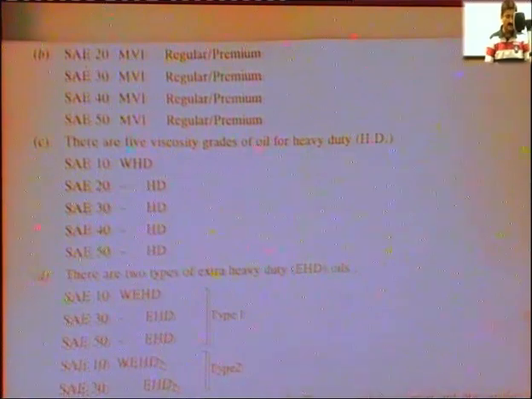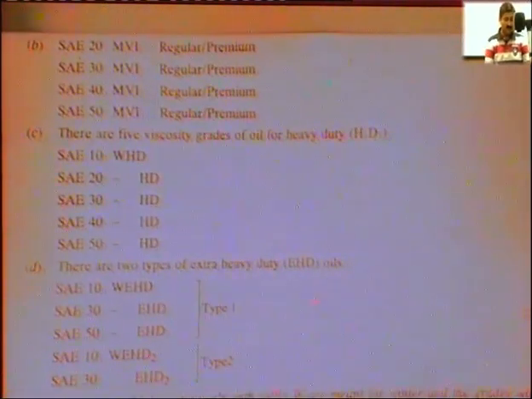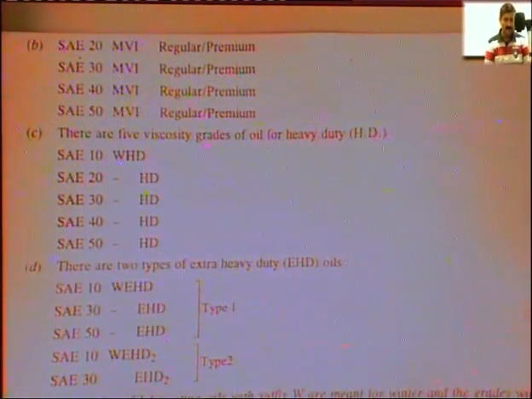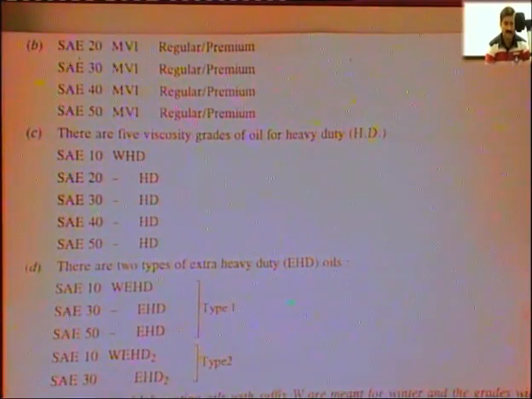There are different grades. The grades of lubricating oil with suffix W are meant for winter, and the grades without suffix W are meant for the seasons other than winter. So, these are the different grades.